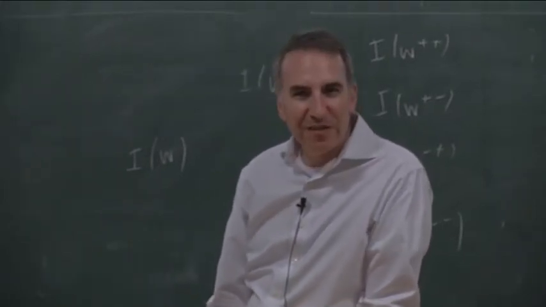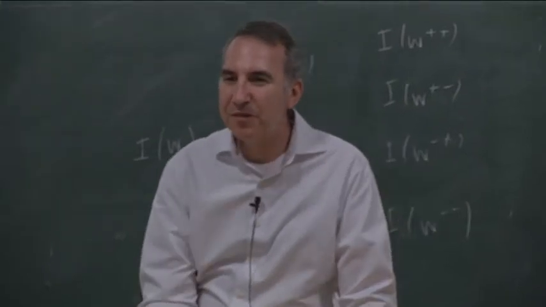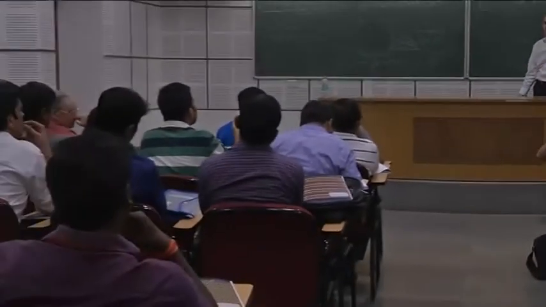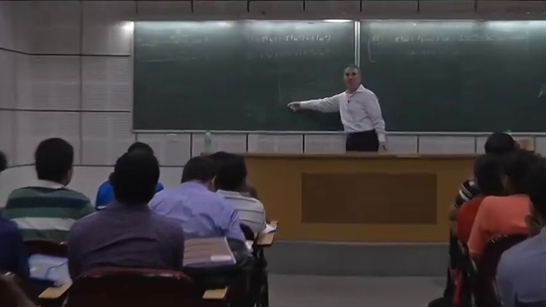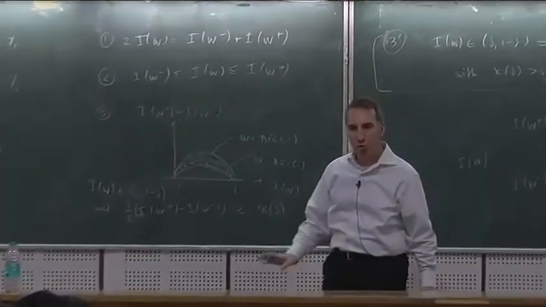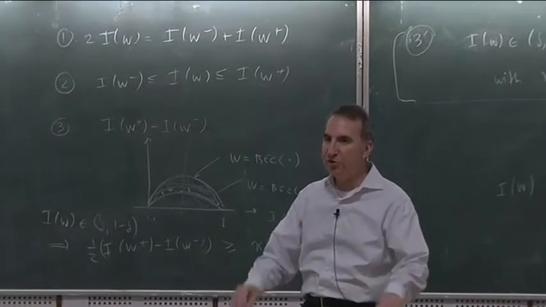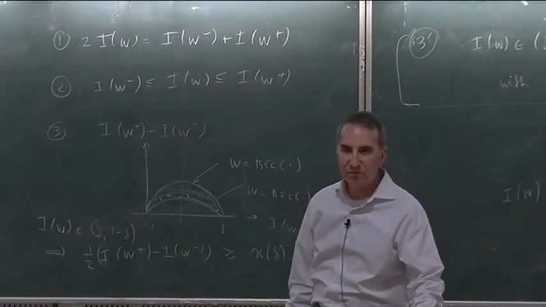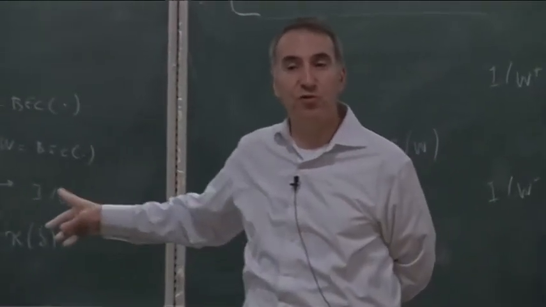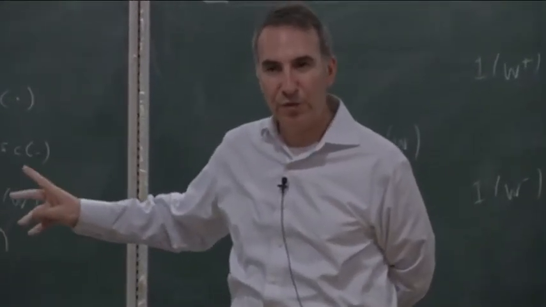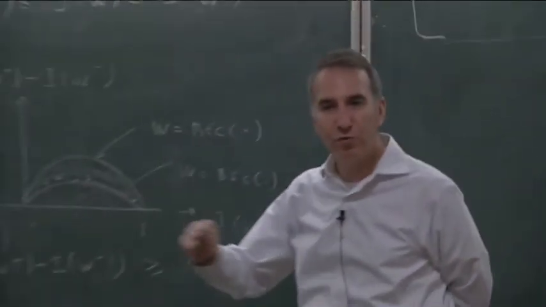Other questions? Sir? This property holds for any channel. This thing that we have here is true over all binary input channels. No symmetry is necessary. But of course, the input distribution is generally 1/2.